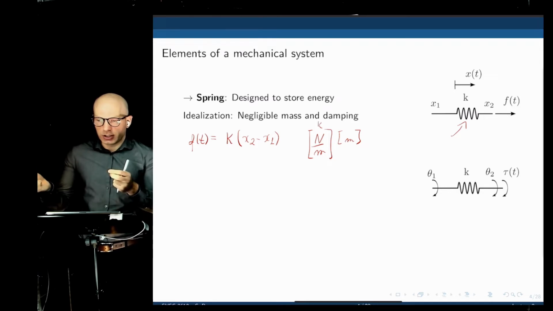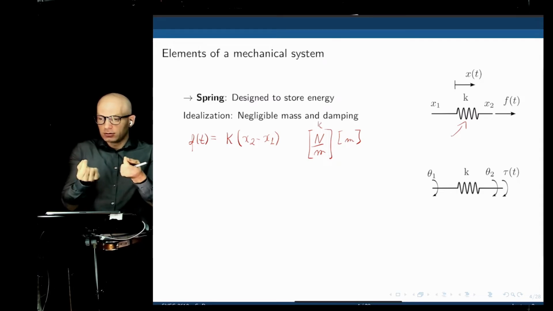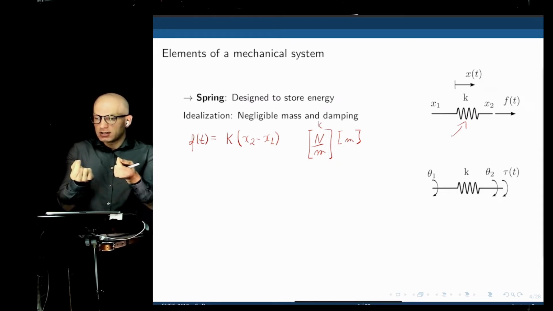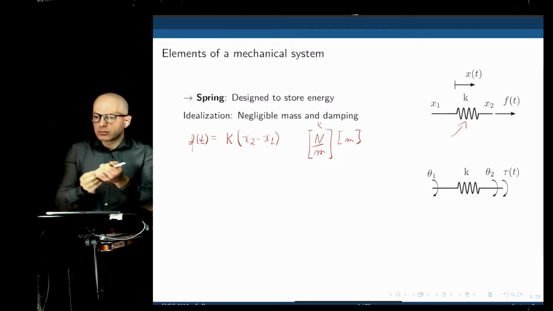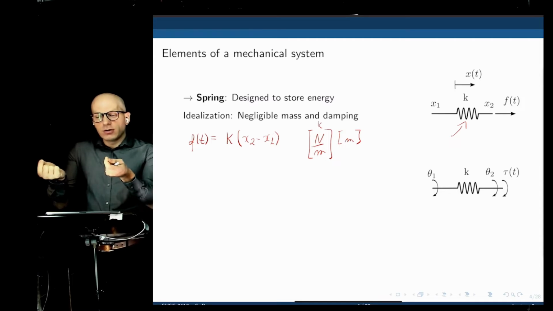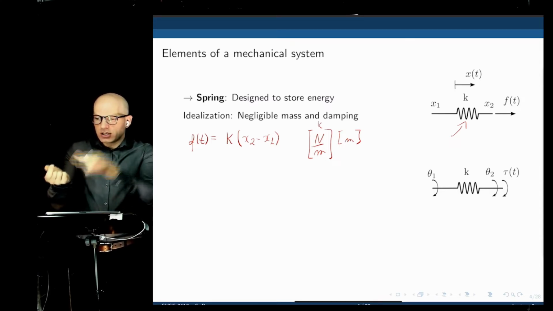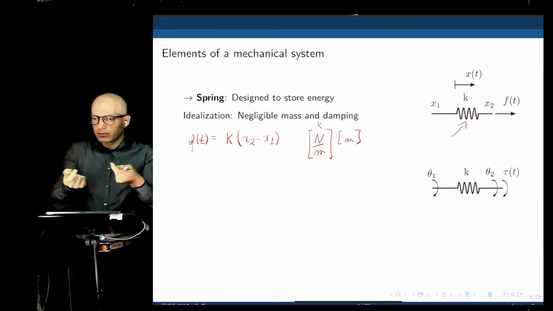We need to look at the other end as well, right? So if you move x1 and x2 by the same amount, the spring doesn't stretch at all. There's no force. Oh, I see. Right? If you move them in opposite directions, then you're stretching it by 2 x2 because x1 is negative x2. Thank you. Got it.